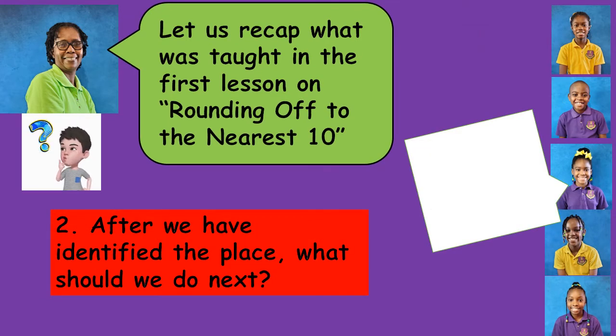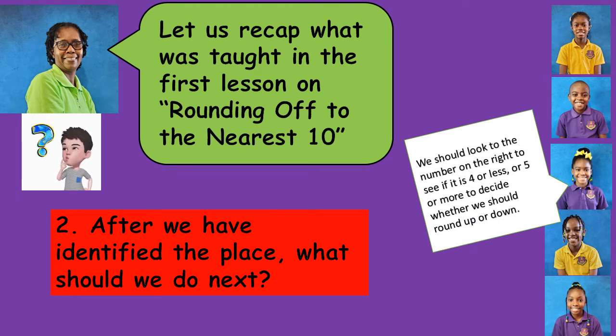Now, question number 2. After we have identified the place, what should we do next? And Sarah would like to give a response. So Sarah is saying after we have identified the place, we should look to the number on the right to see if it is 4 or less or 5 or more to decide whether we should round up or round down.